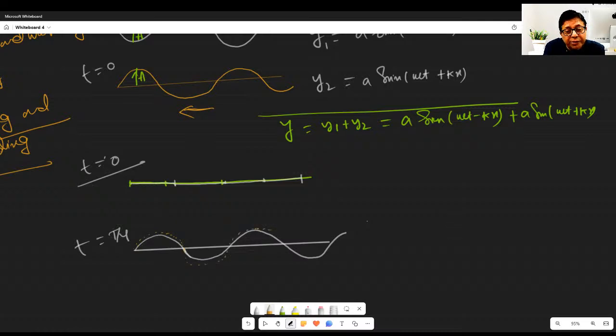This is the second wave, the dotted one. This is not A, it is less than that. So what kind of resultant waveform will we get? The resultant waveform will be like this.